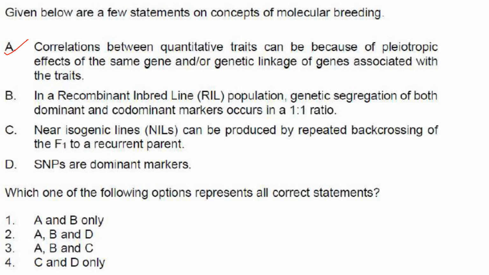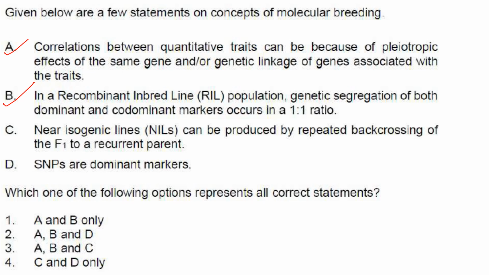In recombinant inbred lines population, genetic segregation of both dominant and co-dominant markers occurs in a 1:1 ratio. So recombinant inbred lines or RIL are developed through repeated selfing of the F1 hybrids, and they ultimately display homozygous genotypes which segregate in the 1:1 ratio. So B is also correct.